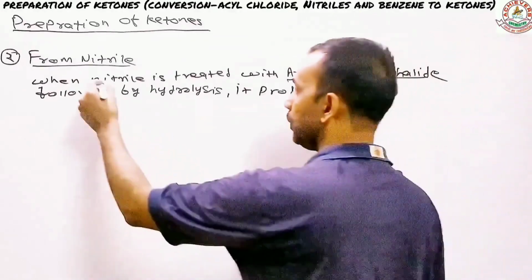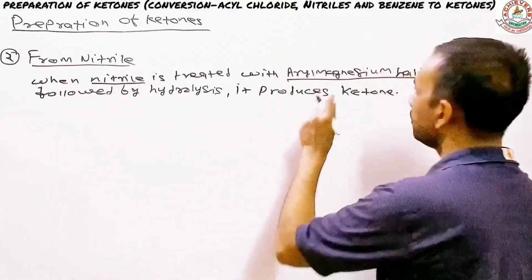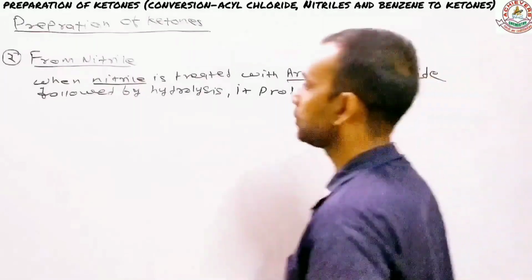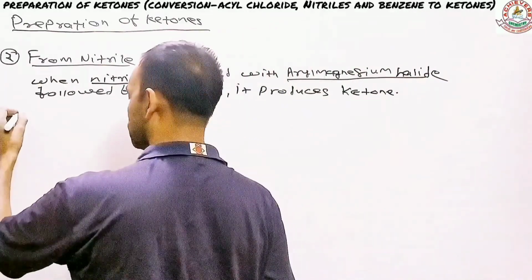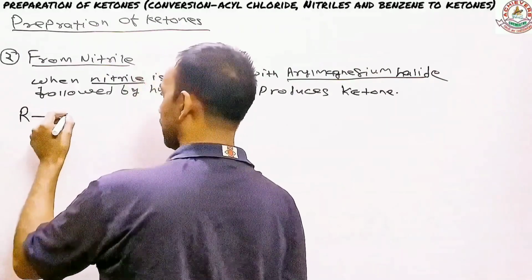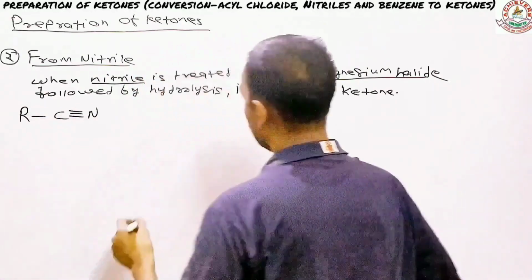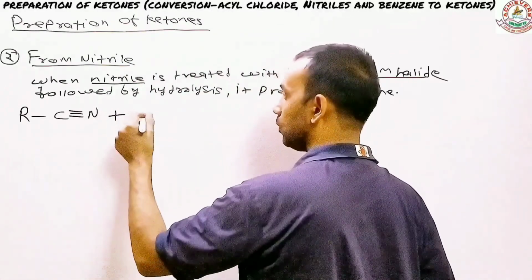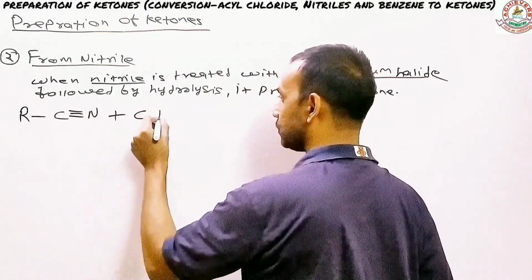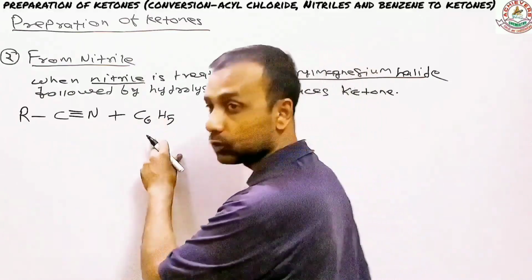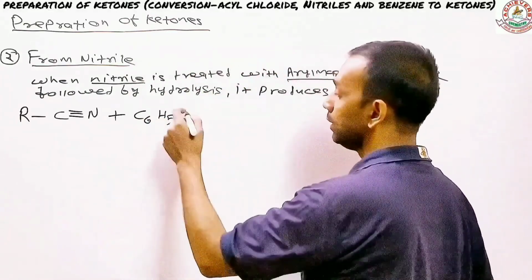So we have a nitrile here, and then we have aryl magnesium halide. So let's start with that. Nitrile looks like RC triple bond N. This is your nitrile, and then you have to treat it with C6H5, which is actually an aryl group, also called benzene.